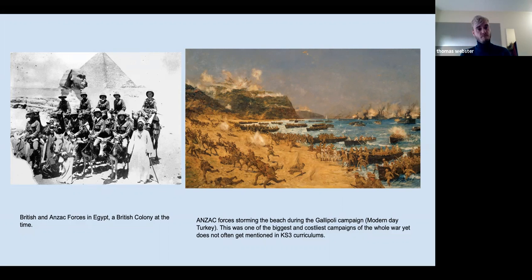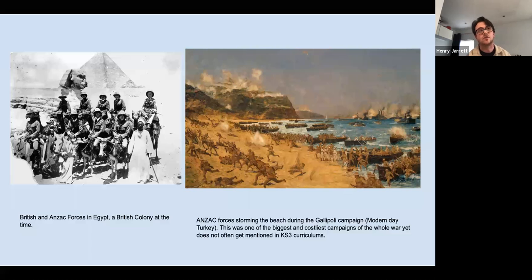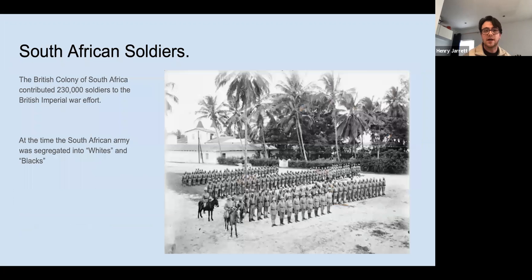Most of these soldiers were Anzac forces, and a lot of Anzac forces passed away during this conflict. And it makes you wonder why, when they were fighting on behalf of the British, this huge operation does not get looked at with any particular time.